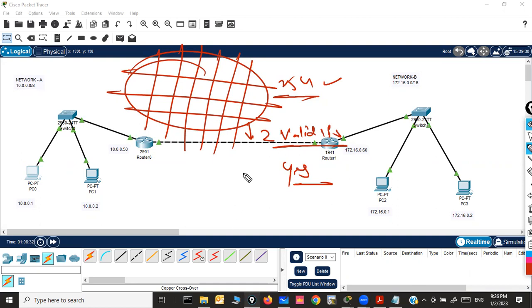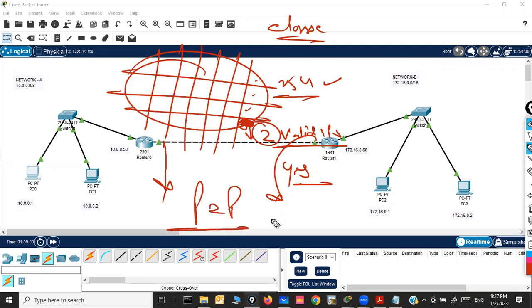What we have done is divide the class C network into n number of small networks, in such a way that a small network has approximately or maybe exactly two IPs only. And if one IP of a subnet is assigned to this interface, technically it is known as a P2P interface. P2P stands for point to point.